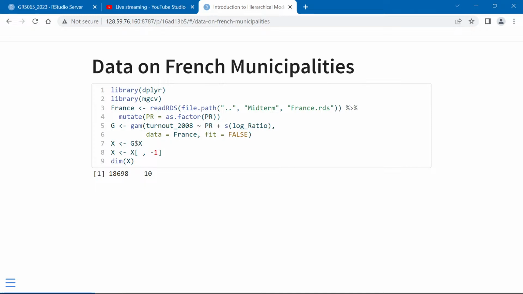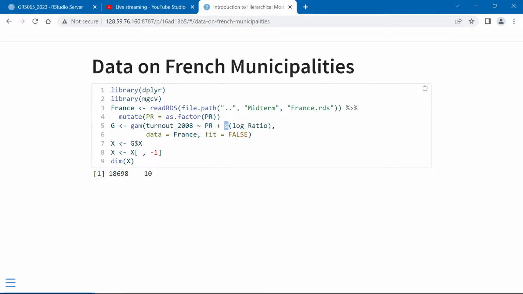And so both rstanarm and brms utilize the mgcv function, which has this additional syntax that you can put into formulas with the s function, which stands for smooth.